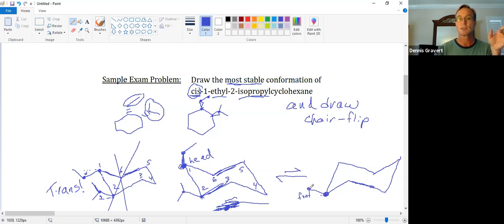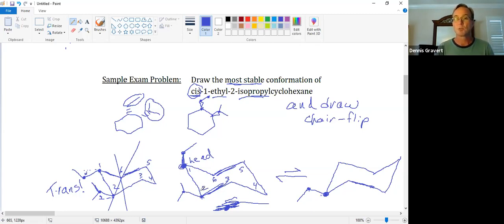So my ethyl group starts here, and the word foot is in the way. Let's get rid of that. That's good enough. Okay, 2 carbons attached to carbon 1. Good. All right. I got the ethyl group.